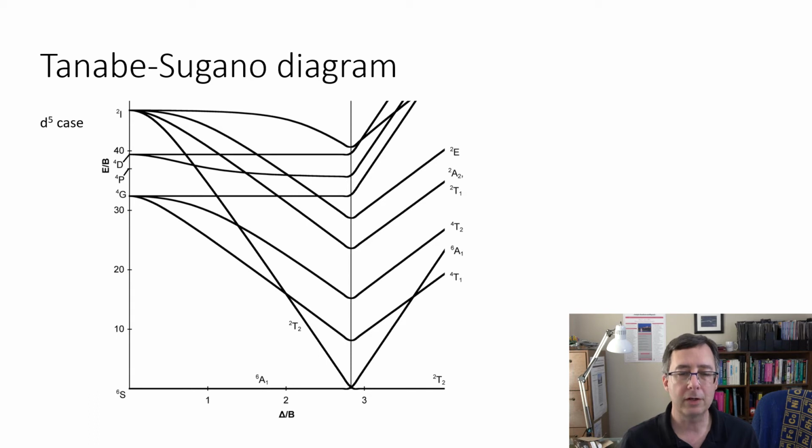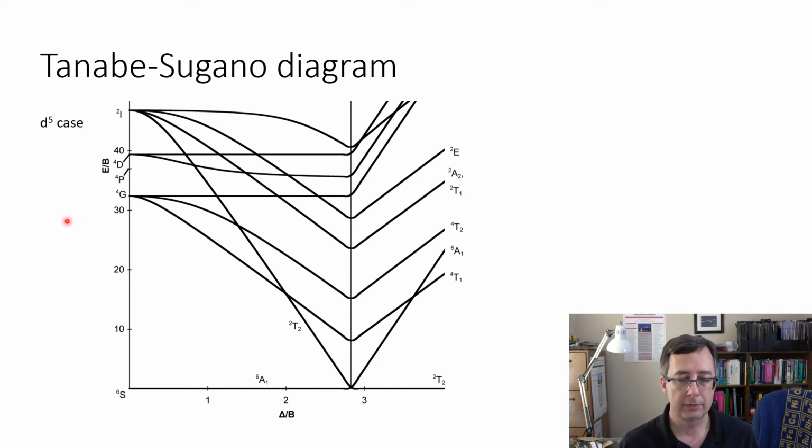You can look these up sometimes, and there are what's called Tanabe-Sugano diagrams, which tell you about the ground states and low-lying excited electronic states of some of these inorganic complexes. So in the d5 case, there is such a Tanabe-Sugano diagram, and we could look this up.